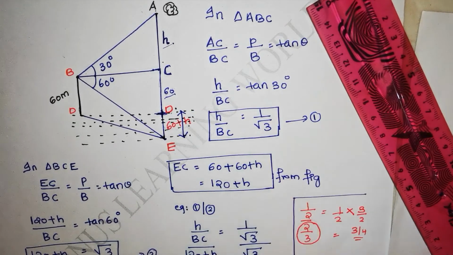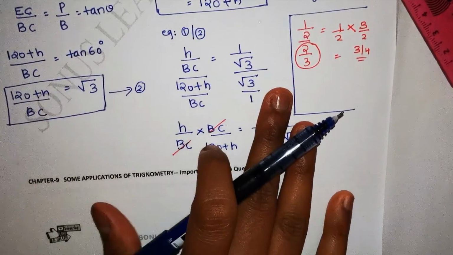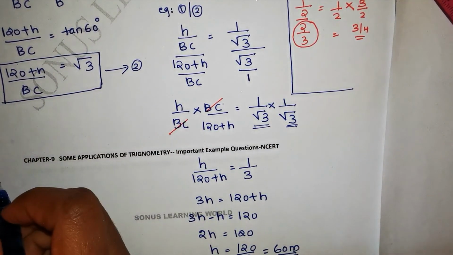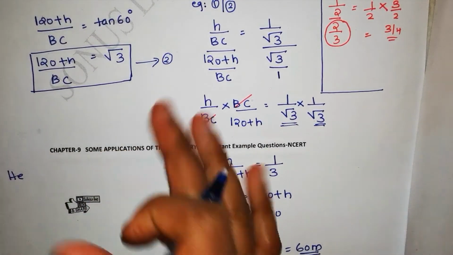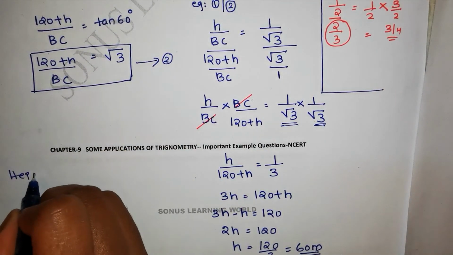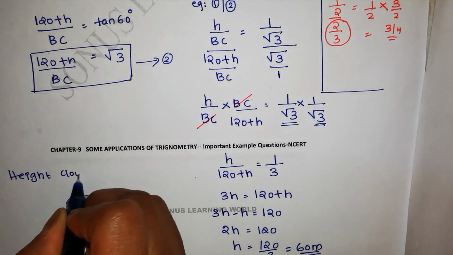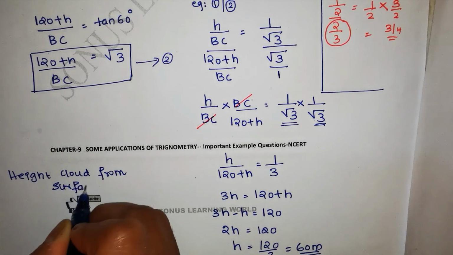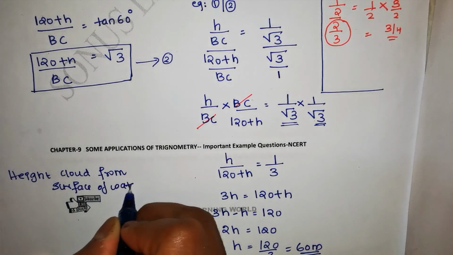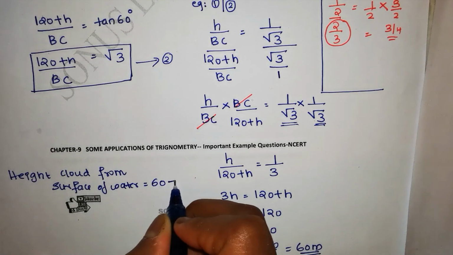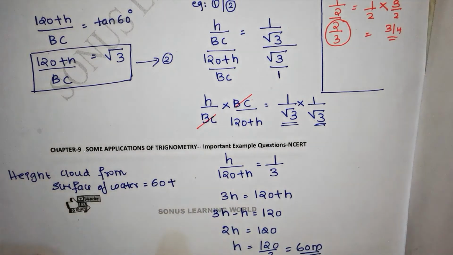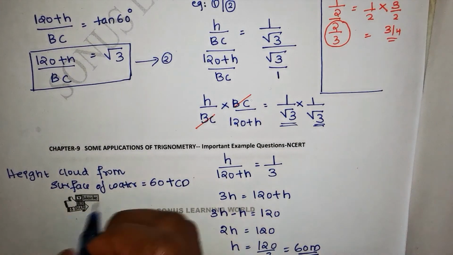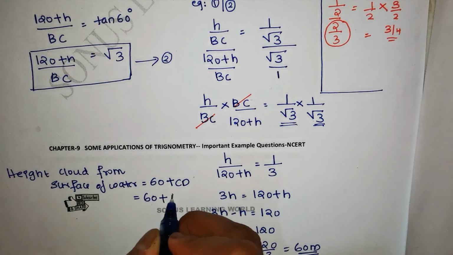So our final answer is, height of the cloud from the surface of water is equal to 60 plus CD, that is 60 plus 60.